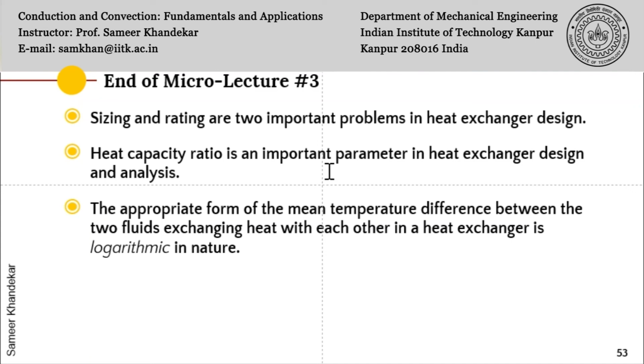The appropriate form of mean temperature difference between the two fluids exchanging heat with each other in a heat exchanger is logarithmic in nature. We have also specifically proven this when we were doing internal flows, chapter 8, and we will do it once again for your clarity in the next lecture. So with this we close micro lecture 3 at slide number 53.